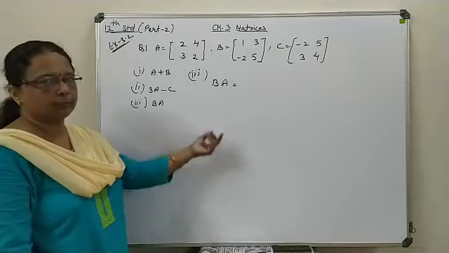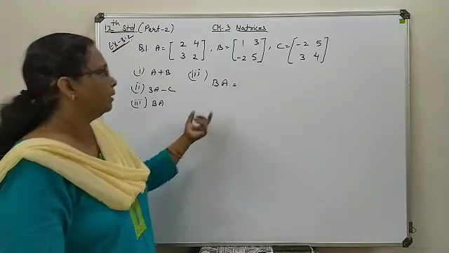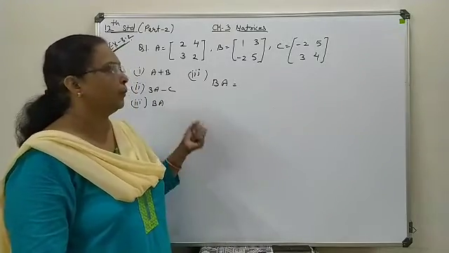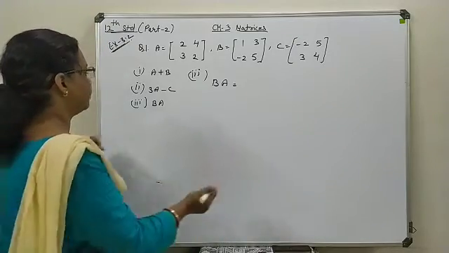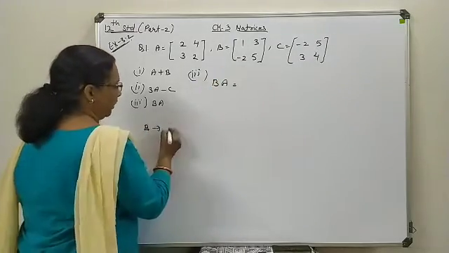Now before moving to the product or multiplication of two matrices, as I told you earlier, first of all you check the order, or the number of rows and number of columns, as per the required form. Now here you can see matrix B with the order 2 by 2.